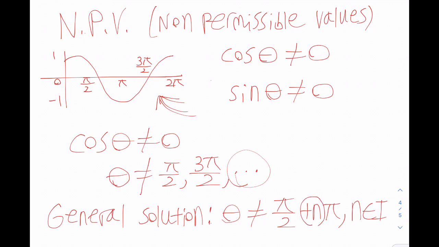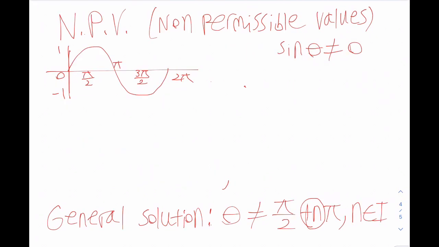So say we put 0 for n, we will get pi over 2, and when we put 1 into n, we will get pi over 2 plus pi, which is going to be 3 pi over 2, our second term in the series. So this is our general solution. Any integer we put into n will give us one of the values of theta.